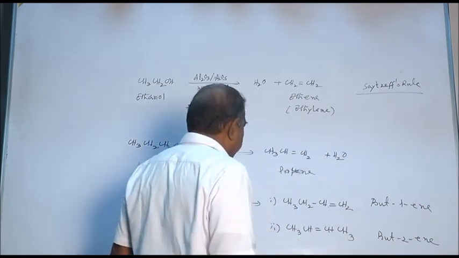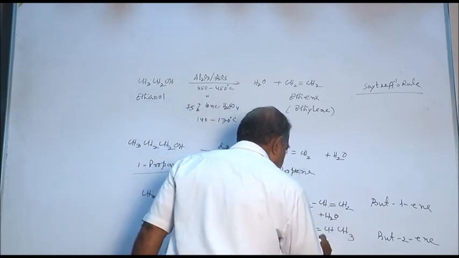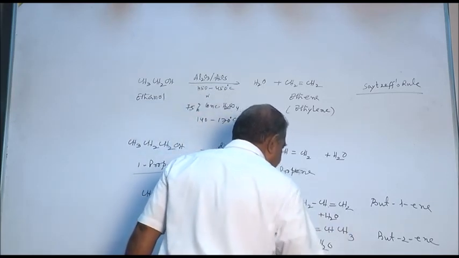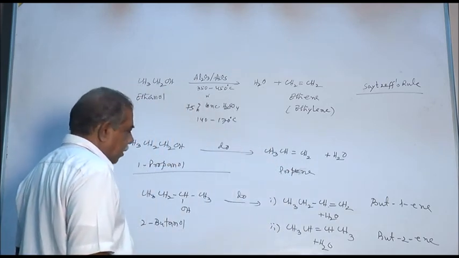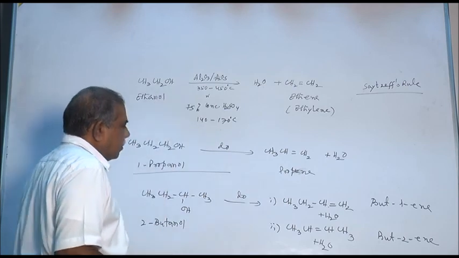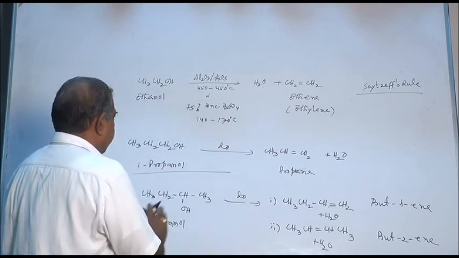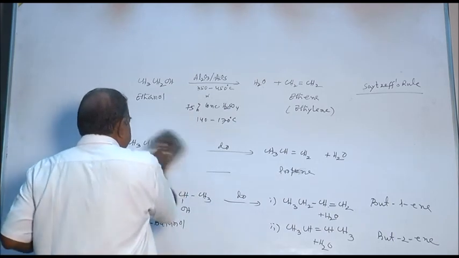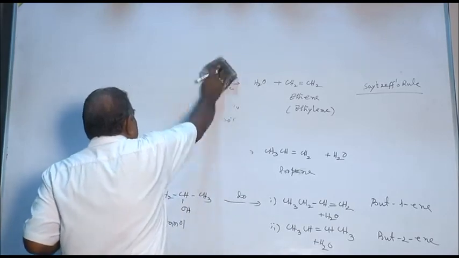So you see, along with water, any secondary alcohol or tertiary alcohol subjected to dehydration gives two different alkenes. I'll tell you which one will be the more, which one will be the less.